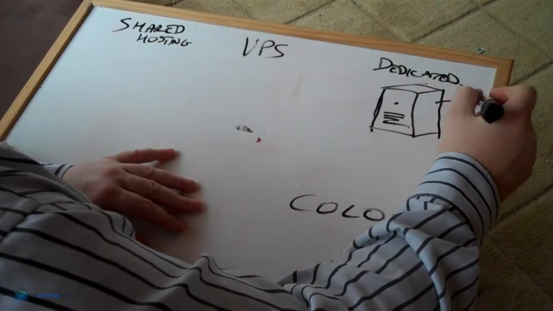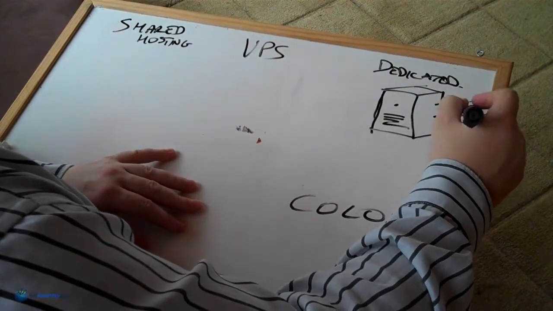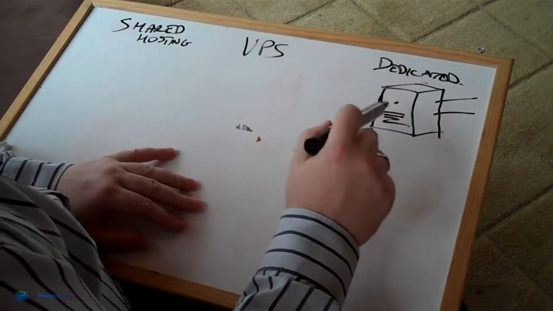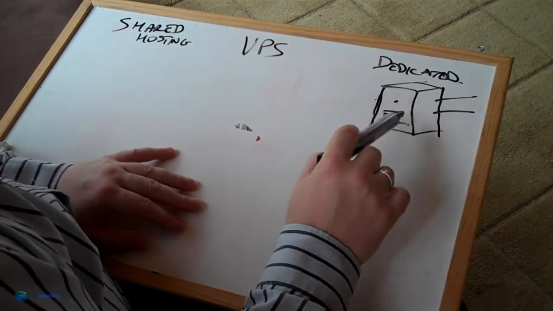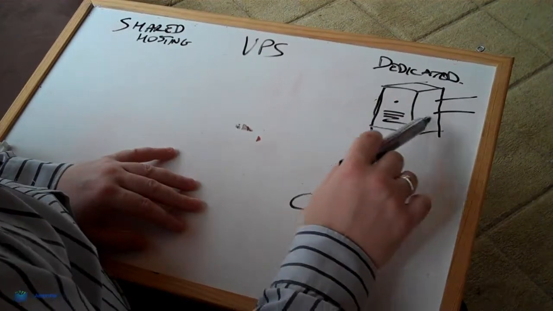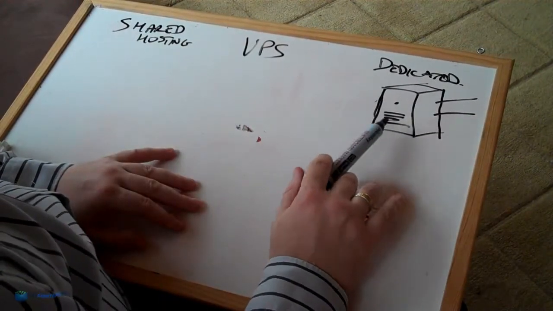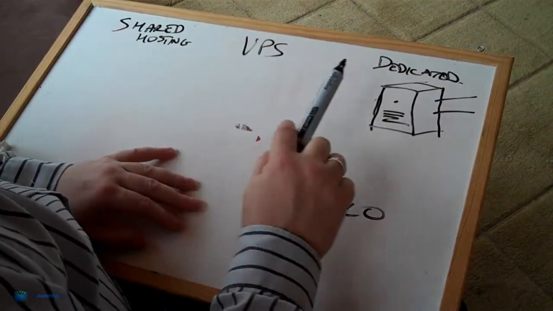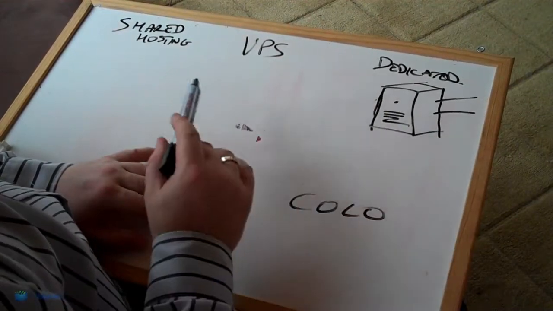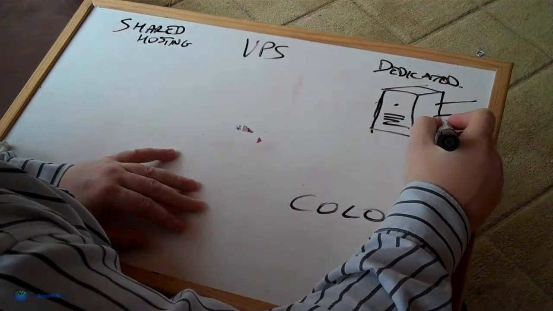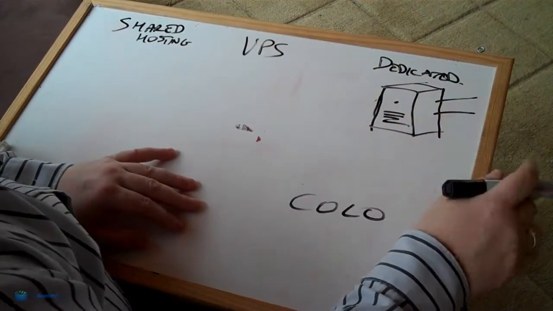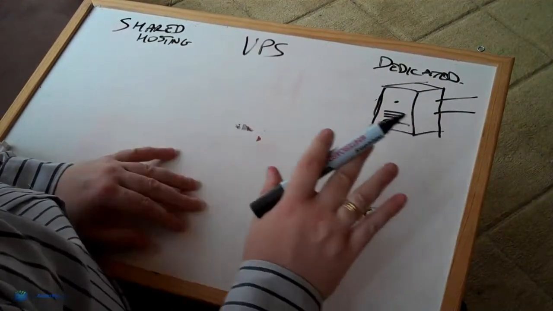They provide power and network connectivity, and the hosting company owns the dedicated server that you are using, so you're basically renting it, and you then have to manage the operating system and everything else. They usually give you a username and password for a console, which allows you to power the machine on and off, and after that it's totally your own responsibility.